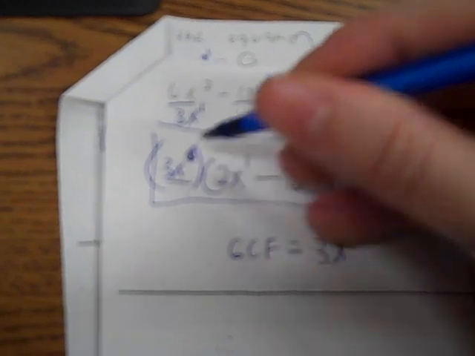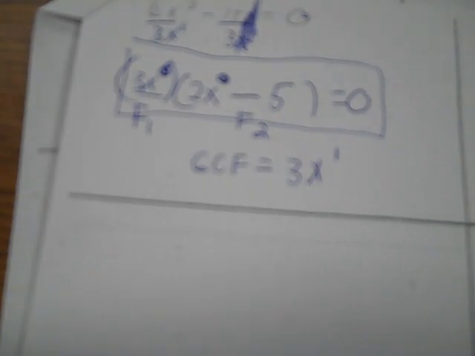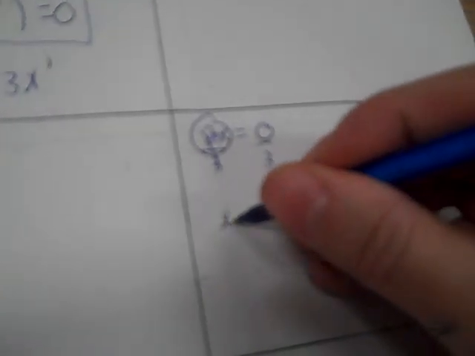Okay, so let's get the 1's out of there. That's F1, and that's F2. Okay, so F1 is 3x, and F2 is 2x minus 5. So I dot those x's and circle them, both of them. So I'm going to divide by 3 here, and 0 divided by 3 is 0.